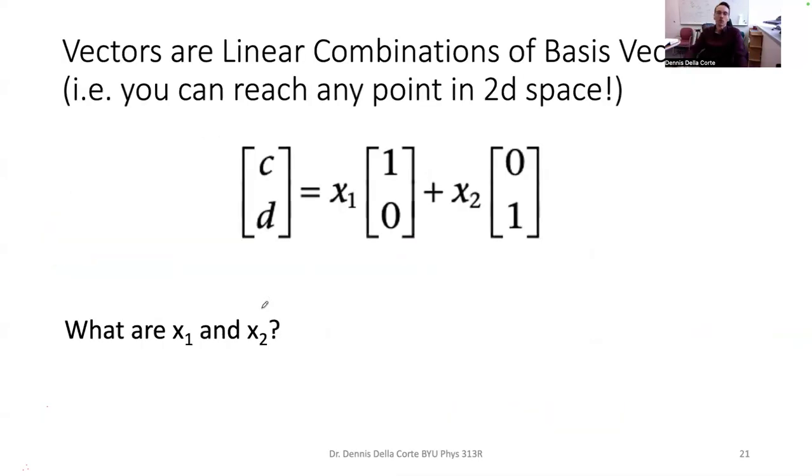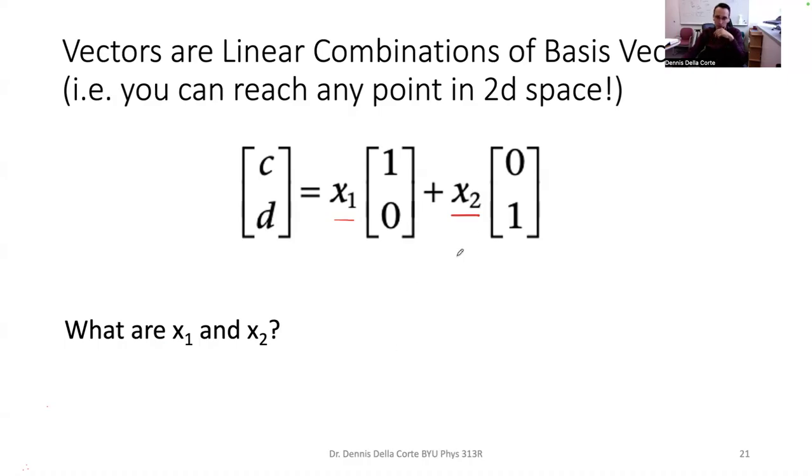Great. All right. So in general, whenever we encounter a vector, we can assume it is a linear combination of its basis vectors. That means any vector CD, which is just a point in two-dimensional space, can be reached by taking a certain number of steps x1 in the first basis direction, and then a certain number of steps x2 in the second basis direction.